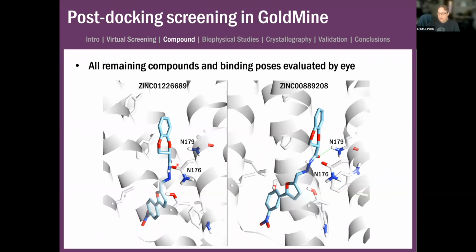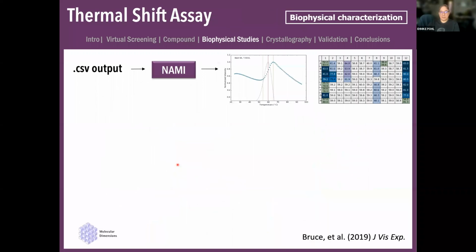So the first and easy test that we could do is called a Thermoshift analysis, which is shown up here. And the Thermoshift analysis is based on a very simple premise that we basically heat up our protein with a bit of the compound, and we measure the unfolding of the protein with a chemical probe.